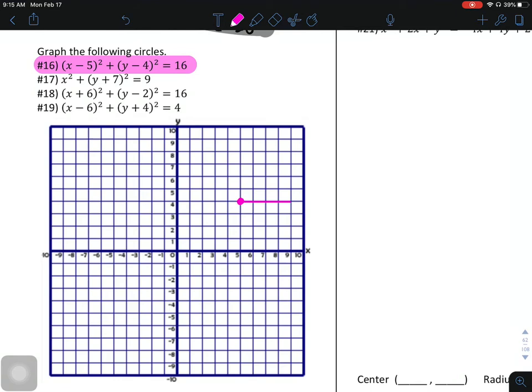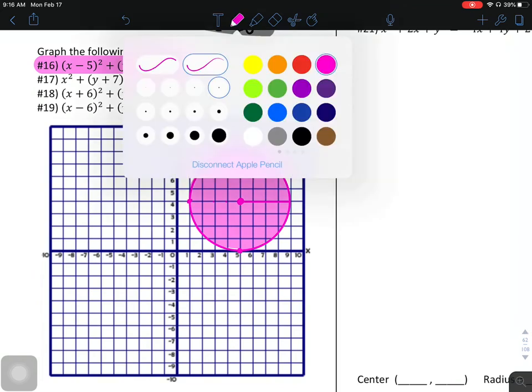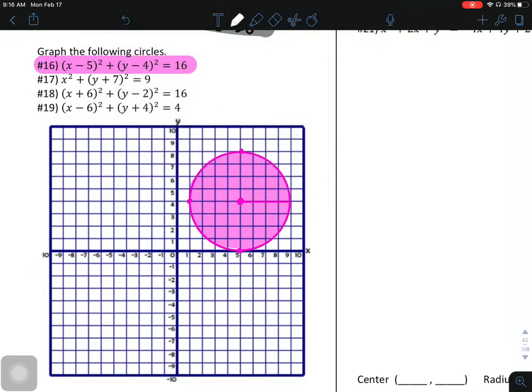Go up 4, left 4, down 4. It's going to be a little something like this. Label the center (5, 4), and the radius is 4. So that's number 16.